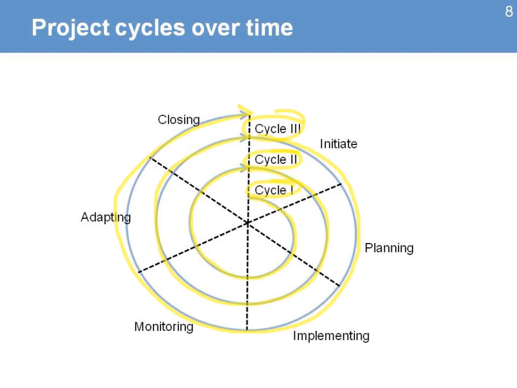Again, depending on the type of project, the length of the project, the cost and complexities, you might have more cycles or fewer cycles, and each one of those phases will require more or less time. But the idea behind the project management cycle, this continuous improvement process, is that it helps us manage uncertainty. Development projects will always face challenges. There are going to be risks. There are going to be situations where the project manager and the team need to make changes because the conditions have changed in the field.